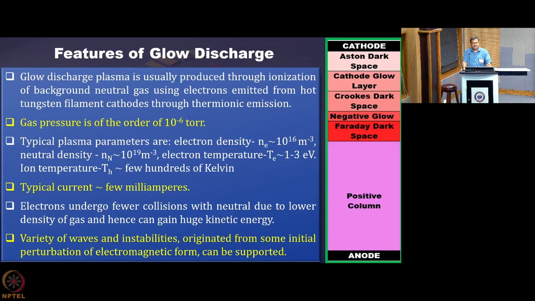Basically it can support a number of electrostatic waves as well. So this kind of glow discharge plasma is very rich in waves and instabilities. As you reach higher and higher pressure, the instability gradually reduces, and different kinds of instability start. So you are shifting from one region to the other.